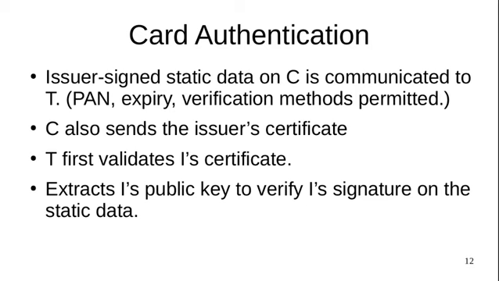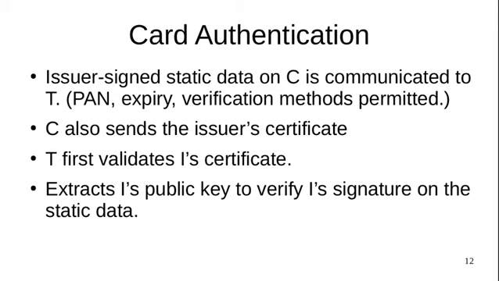After that, T extracts the issuer's public key to verify the issuer's signature on the static data. We have said that there is an issuer signed static data, which means the issuer is signing the static data, so a digital signature is used.